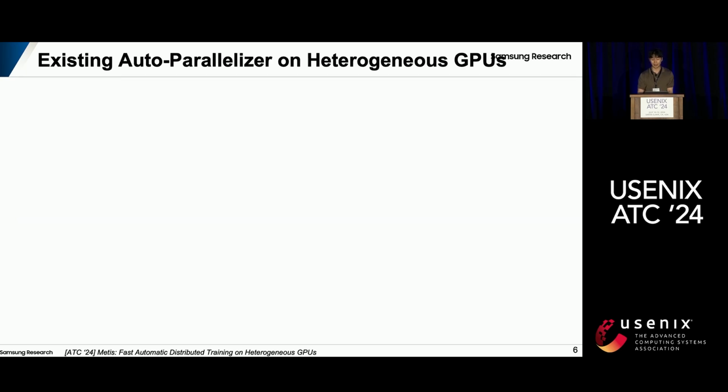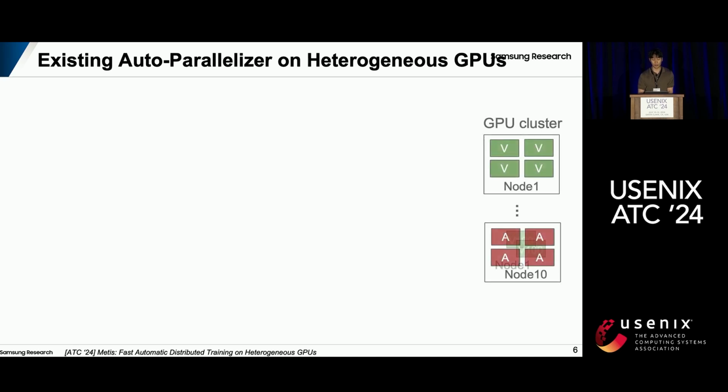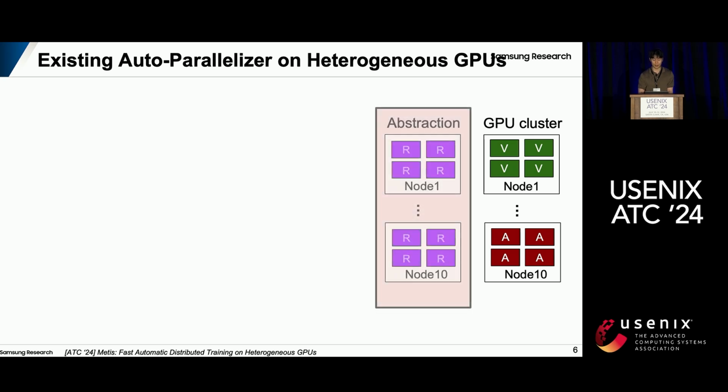However, as existing work is designed for homogeneous GPUs, it fails to find an efficient parallelism plan on heterogeneous GPUs. To illustrate this, let's assume that there are two types of GPU, V and A. Then the existing work abstracts the heterogeneous GPUs as a homogeneous one, which is represented as R in this figure, by profiling and averaging the performance of the heterogeneous GPUs.